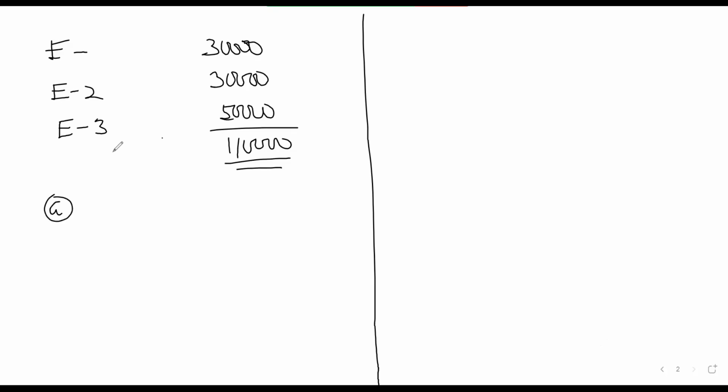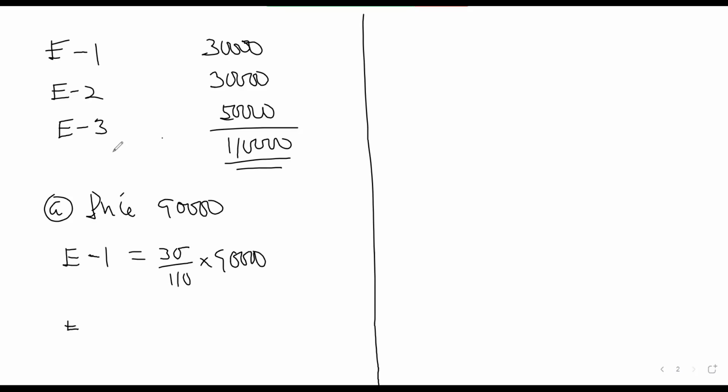But what is the price that we are receiving now? We are selling all of them for 90,000, isn't it? So what portion of the 90,000 is for E1? You find that one. That will give us 30 over 110 times 90,000.